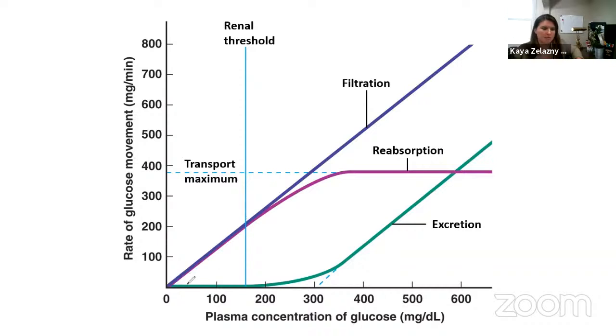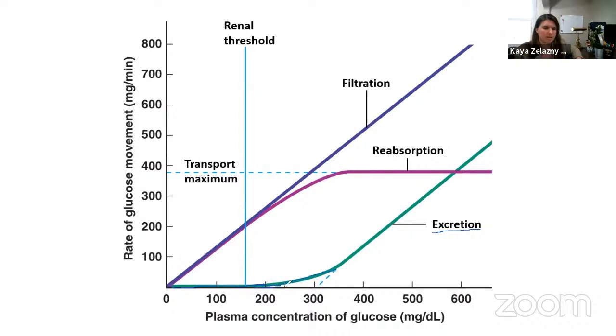Okay. Now finally, we see the excretion rate on the bottom. So excretion is how much glucose would be in your urine. So long as we're in the amount of glucose that we can tolerate, that we can move effectively, we see no glucose in the urine. And this is basically the opposite of the reabsorption line, right?